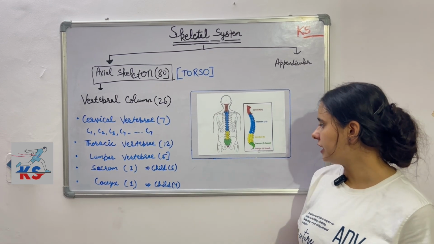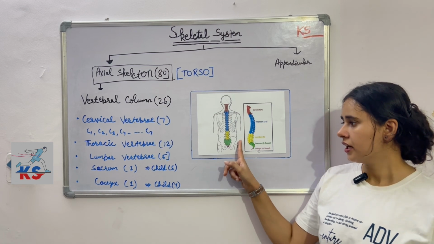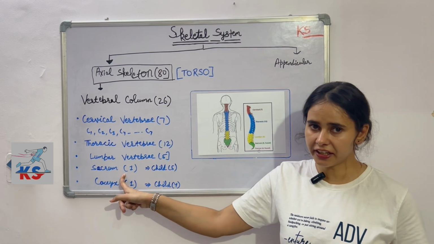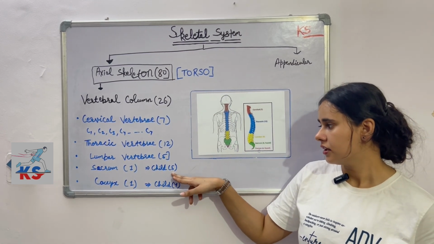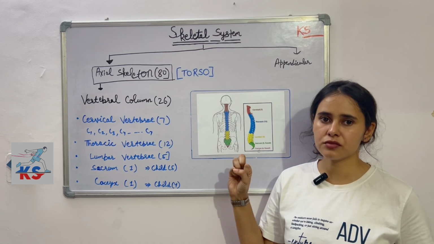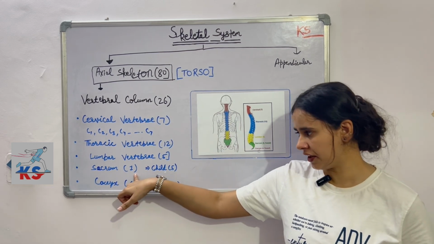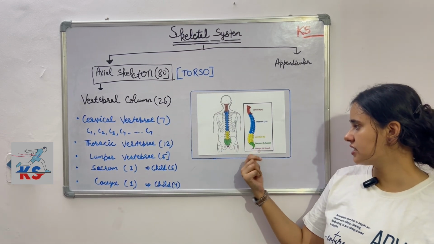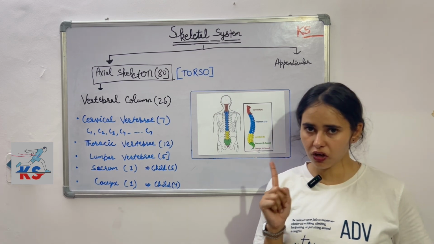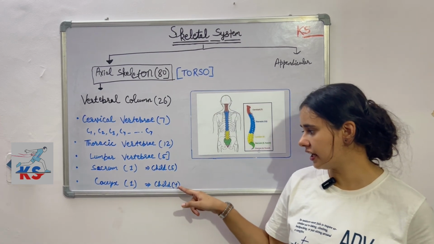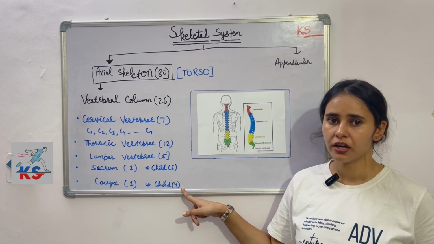Okay. After that there is sacrum. Okay. It is just 1 bone in adults and in a child there are 5 bones which get fused by the adulthood and it becomes 1. Okay. And after this there is cox bone. There is 1 cox bone in an adult and in child there are 4 cox bone. Okay.